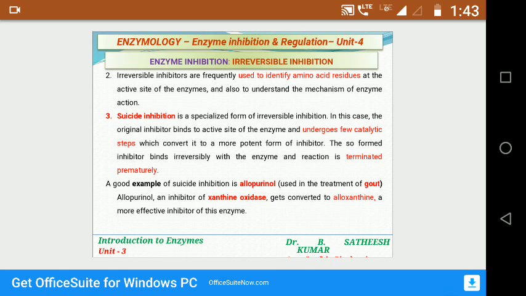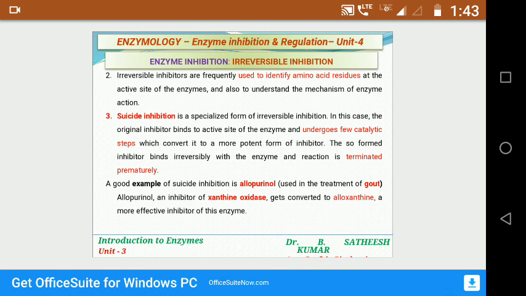A very good example of suicide inhibition is allopurinol. Allopurinol is a medicine prescribed for the treatment of gout. So in a gout patient, what happens? Accumulation of uric acid crystals takes place in the joints of the patient.